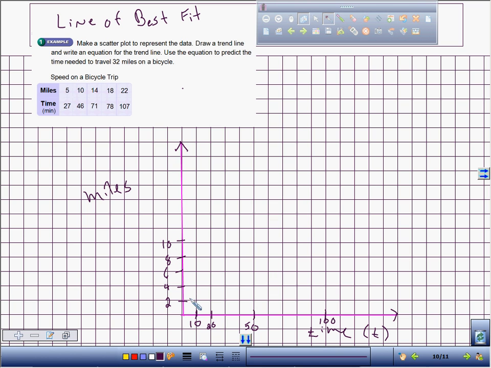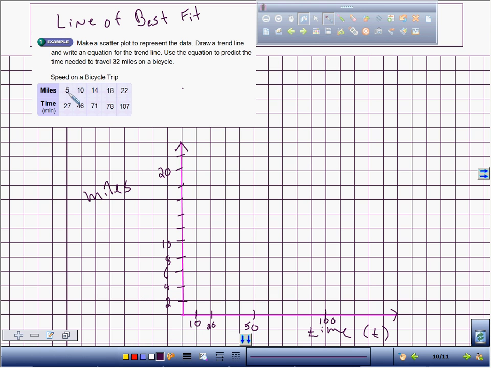We could go by 5, but then it'd be kind of squished, you know? It's up to you, okay? But I think I'd like to kind of spread it out as much as I can. All right, so 10, 12, 14, 16, 18, here's my 20. All right, so this would be 22 up there.